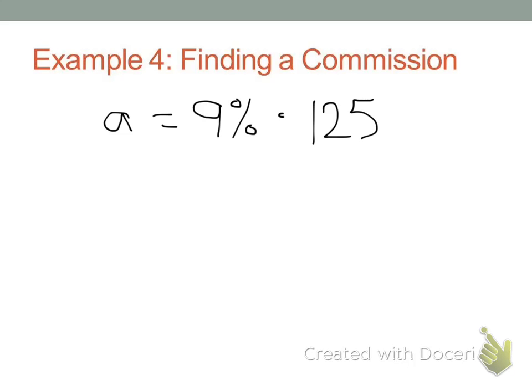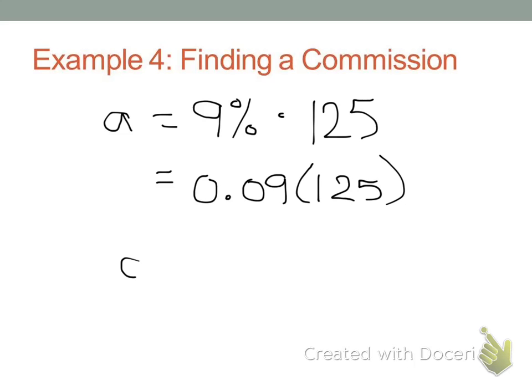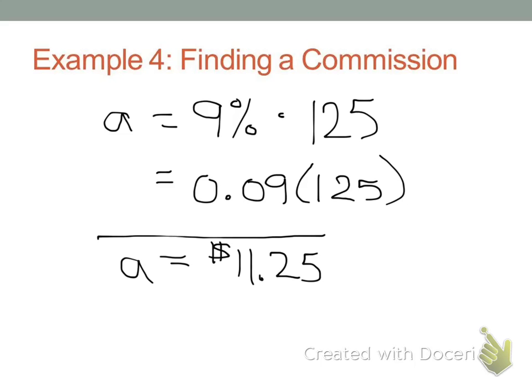So 9% as a decimal is what? 0.09. Now 0.09 times 125. What's 0.09 times 125? 11.25. So that is the commission. A equals $11.25.